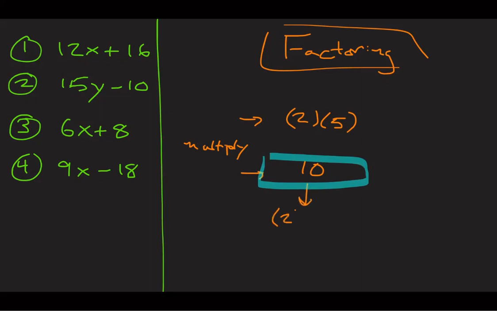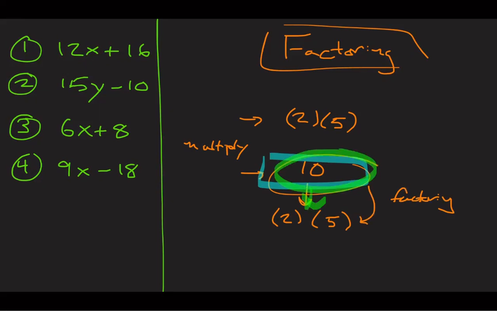Let's break that into 2 times 5. So if you start here and you're going to this, that is what we're doing when we're factoring. We're trying to break something apart into two things that are being multiplied. So this is a very simple example, just taking a number and breaking it down into two factors.